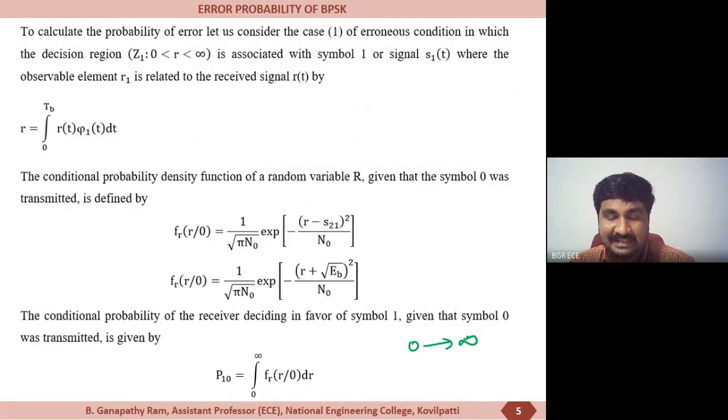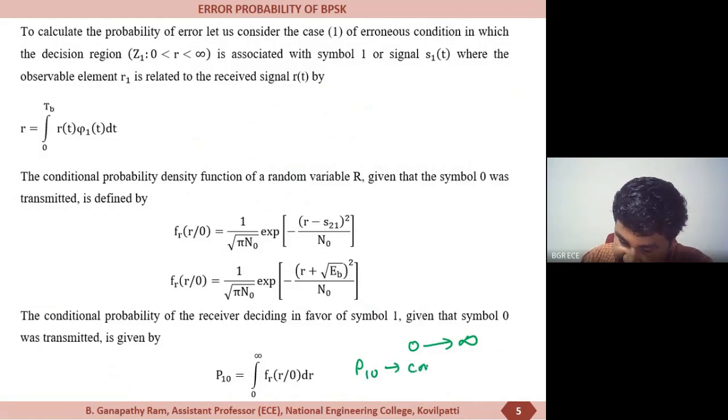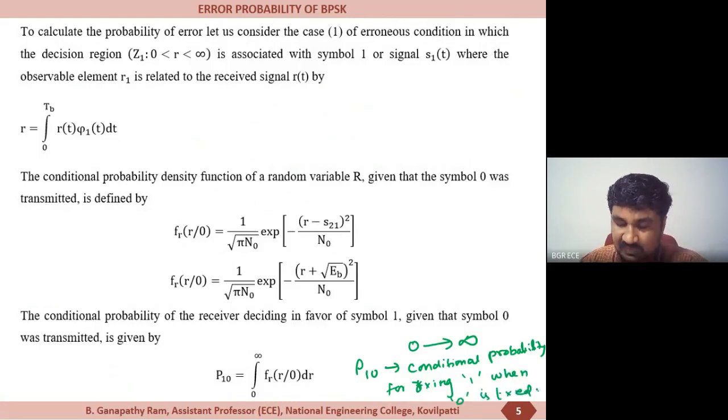To determine this, P10, the conditional probability for receiving 1 when 0 is transmitted, is determined by integrating the conditional probability density function within the region of 0 to infinity.